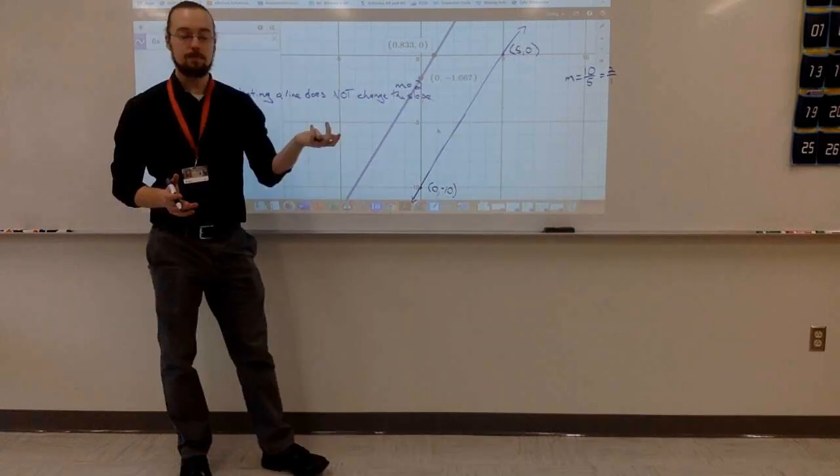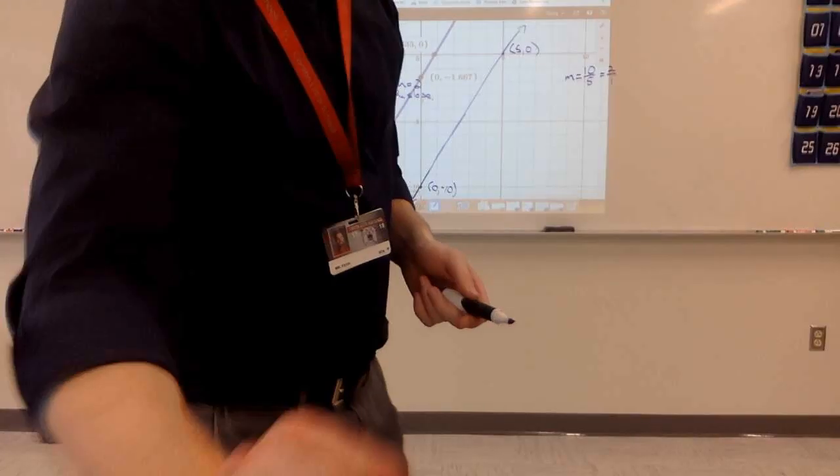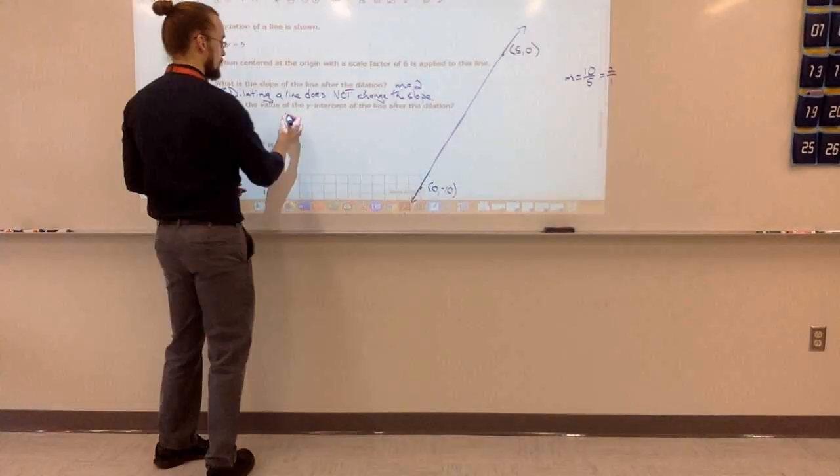Right? So we needed to multiply the y-intercept by 6 to get our new value. So in this case, my new y-intercept is negative 10. Right? So the slope stayed exactly the same. The y-intercept did change. Okay?